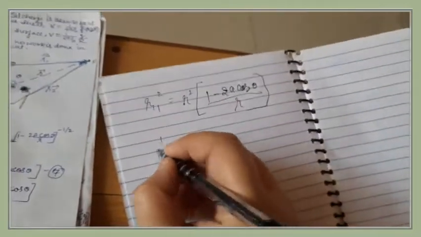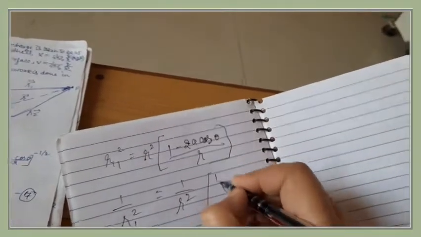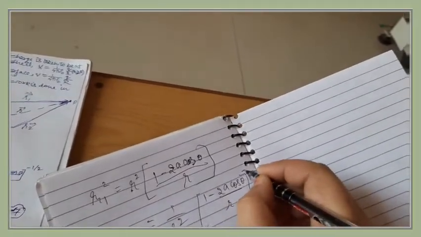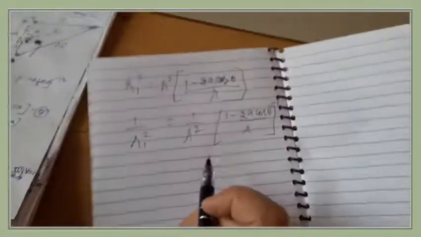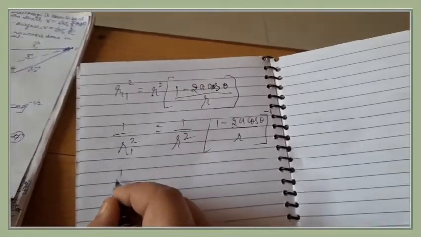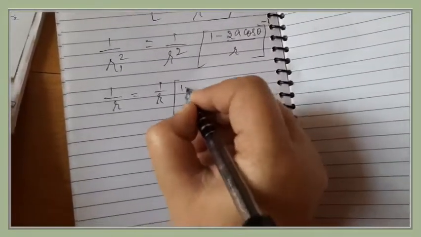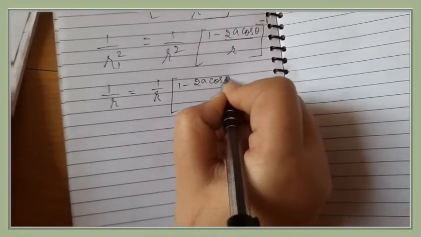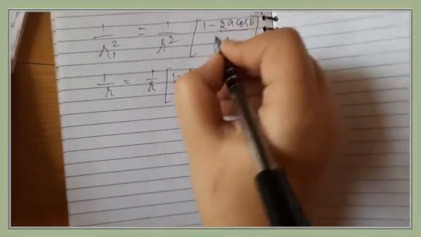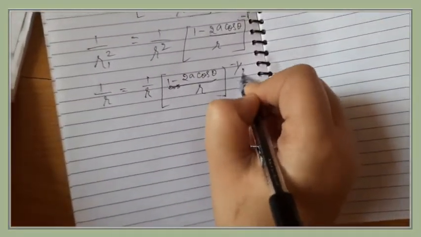Now if I take the reciprocal, 1 by r1 square is equal to 1 by r square, and this term will be raised to the power minus 1 because I'm taking its reciprocal. Now I want to find 1 by r1, so I have to take the square root of the whole expression. That's why for 1 by r, taking the square root, the power becomes minus 1 by 2.